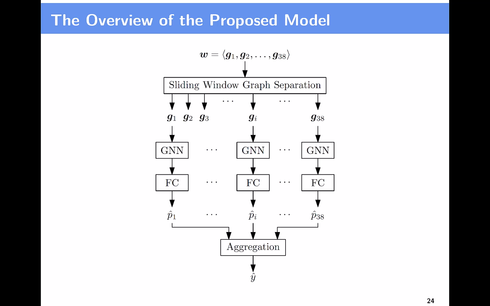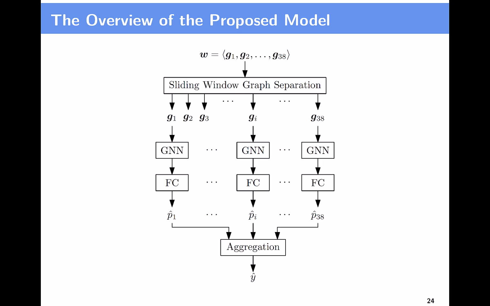Then we propose a neural network model to identify this. So we are given a walk composed of 38 sliding window graphs. We separate these graphs and treat them separately.